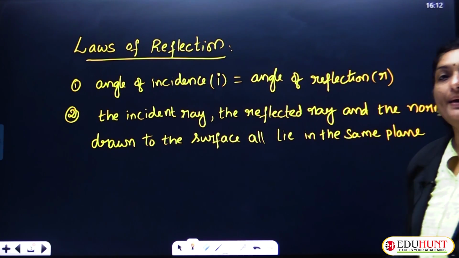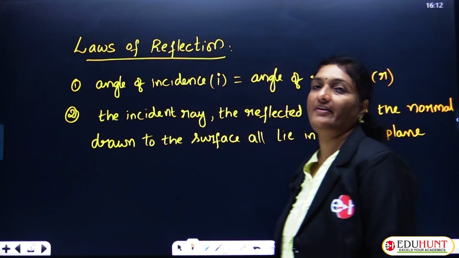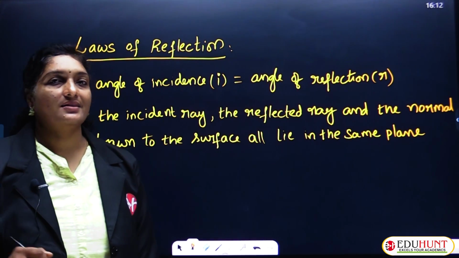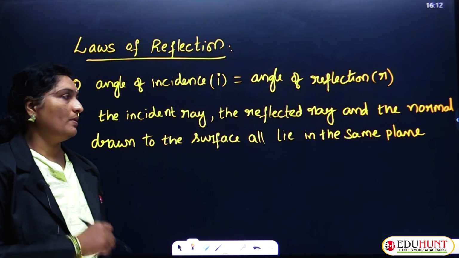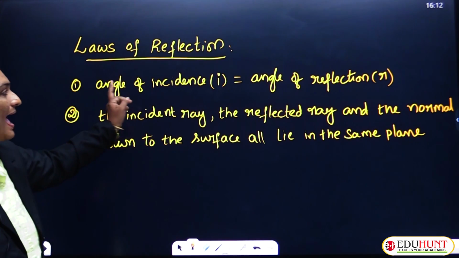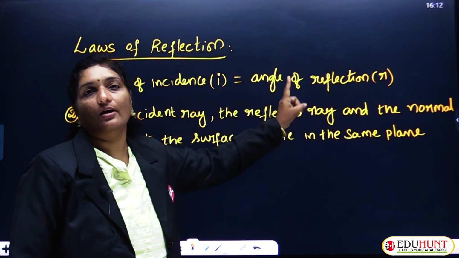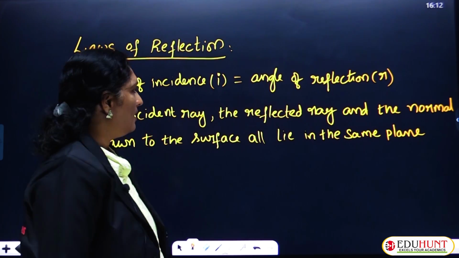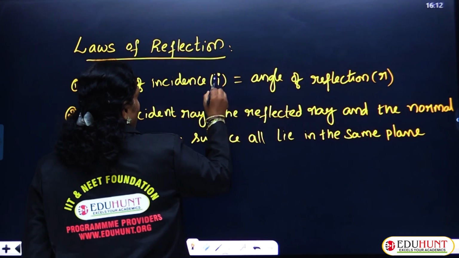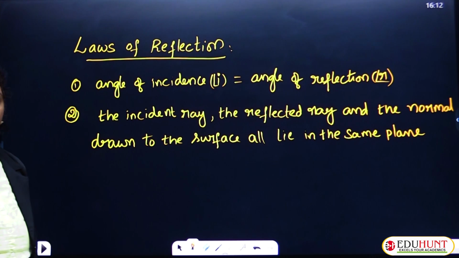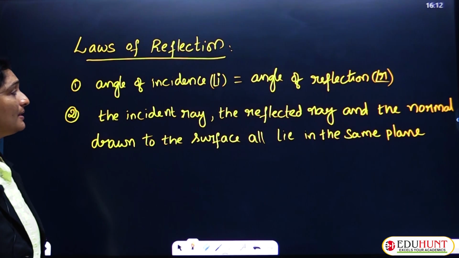So these are the two main laws of reflection, which play a major role in understanding the concept of light properly. The first one is that the angle of incidence i is always equal to the angle of reflection r. Generally we indicate them as angle i and angle r.